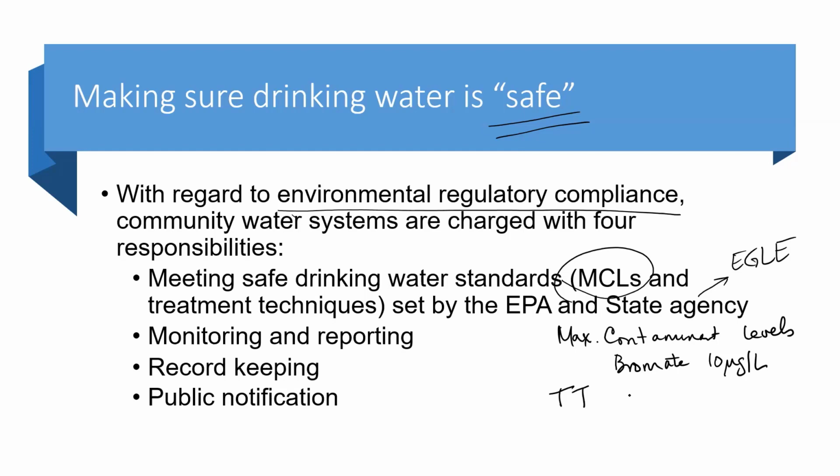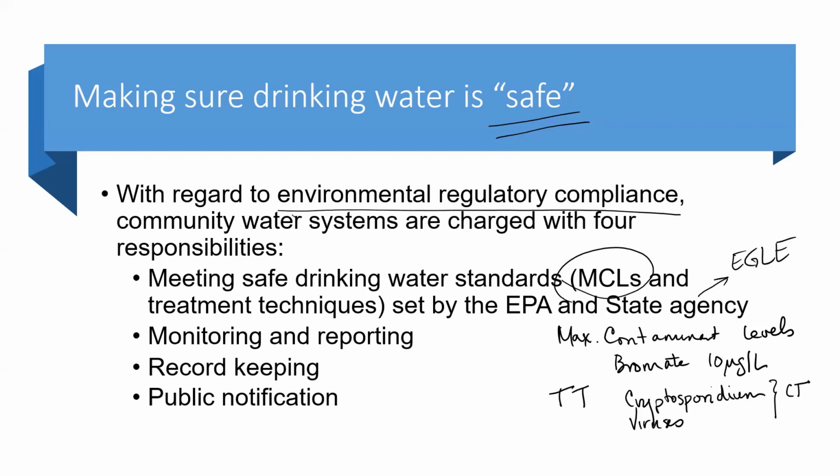So for example, for cryptosporidium, which is a protozoan parasite, or for viruses, very difficult for a small water system to actually culture. There we use what is referred to as the CT concept.